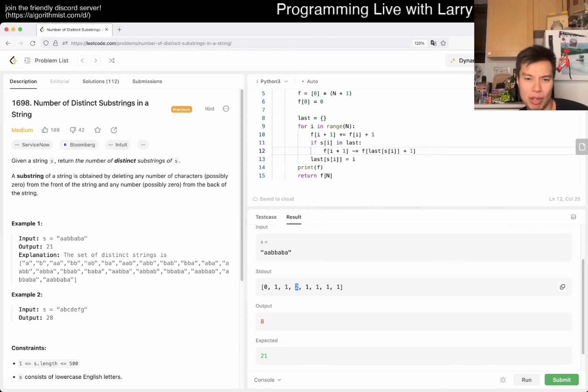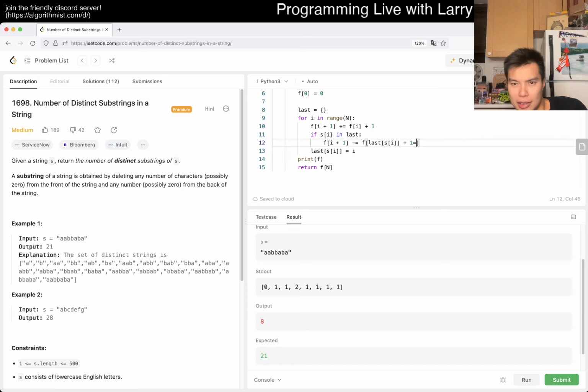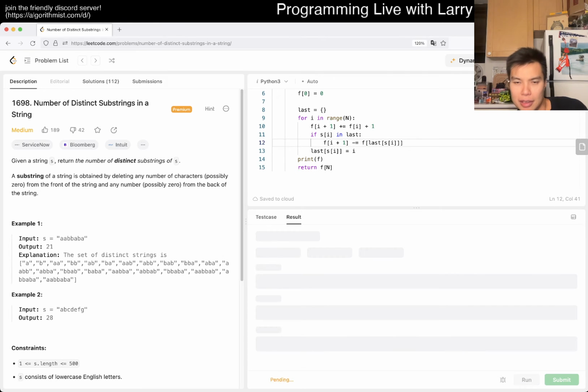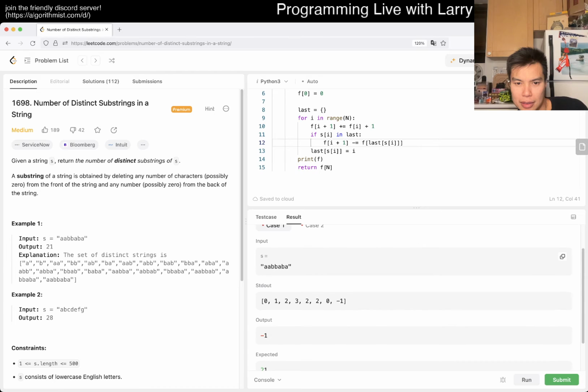But this is wrong because this is wrong. How did I get this to be 2? Like logically. Why doesn't this work again? I just kind of didn't look, but so this is 2, this is 3, and then the second B is because it subtracts like this number or something.